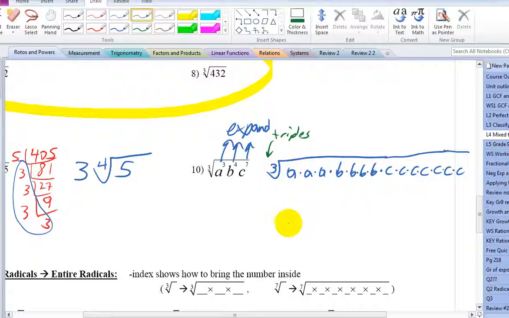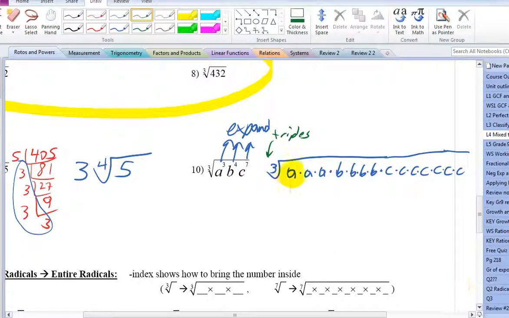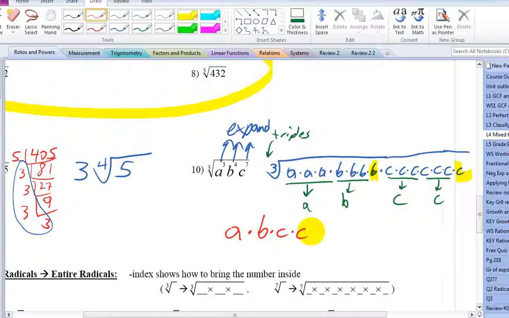So, triple, take out an A. Triple, take out a B. Triple, take out a C. Another triple, take out a C. Now I do have some remaining. Right, here's a B left over and a C left over. So on the outside, we have A times B times C times C. That's all that we could take out. And remaining is B times C.